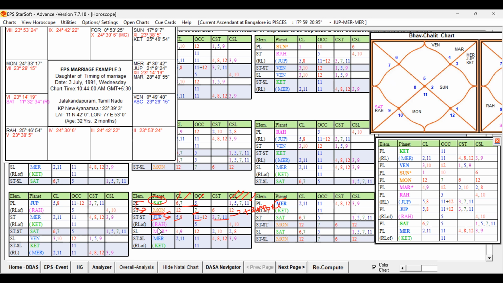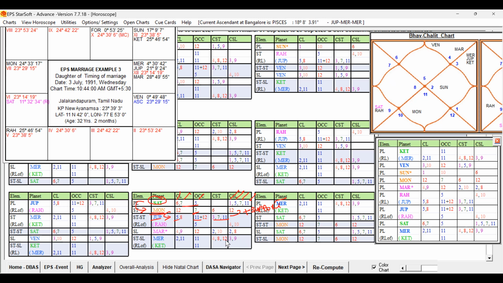Now, sublord. What is the sublord signifying? Sublord planet is pink shade, 4, 9, 12, 2, 10, 2, 8. It is having some mixed significations, not detrimental. Suppose that sublord planet is having weakness. Look at the star lord of the sublord, 2, 11, 4, 8, 12, 3, 9. So 2, 11, 3, 9 are all supporting the favorable houses of the Mars.